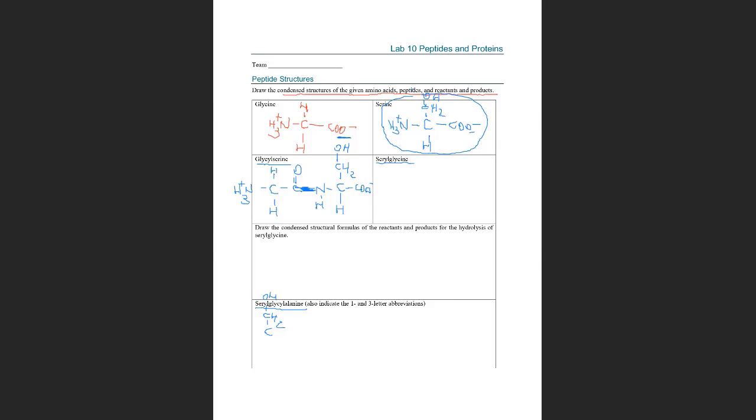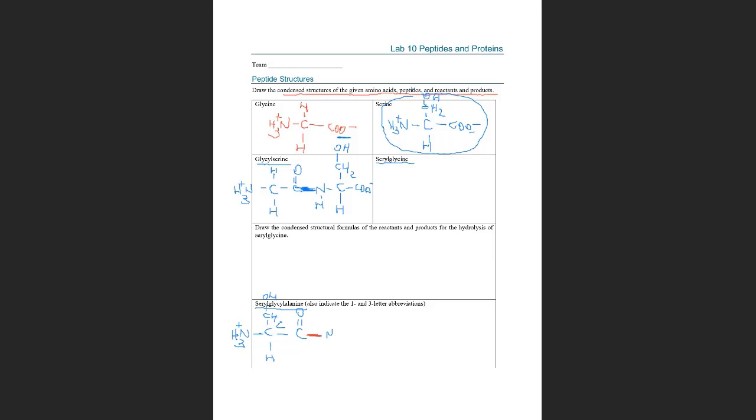Very good. And this is the peptide bond, and we are going to bond it to glycyl.